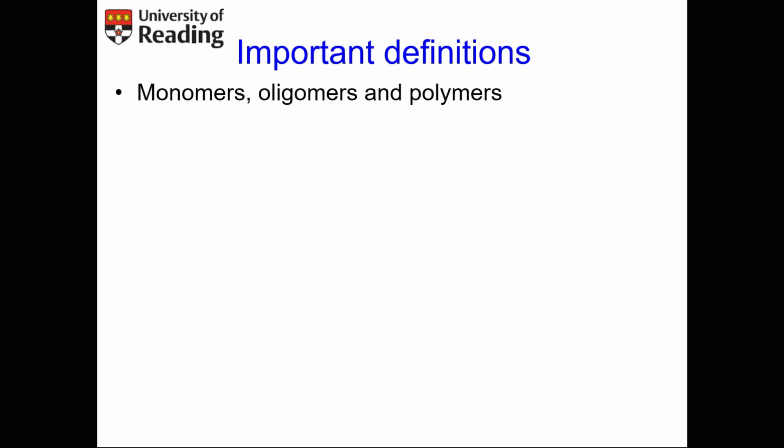So you're supposed to know the difference between monomers, oligomers, and polymers. Obviously, polymers are large macromolecules, but polymers are made from monomers, from small molecules that could be polymerized. And the intermediate stage between the monomers and polymers are so-called oligomers. The difference between oligomers and polymers is in their molecular weight.